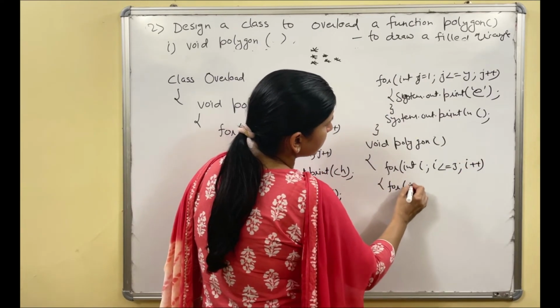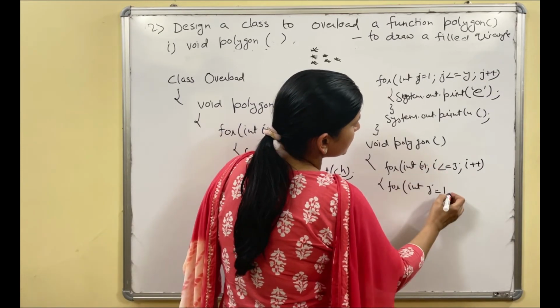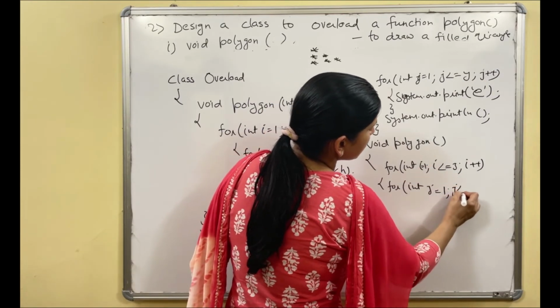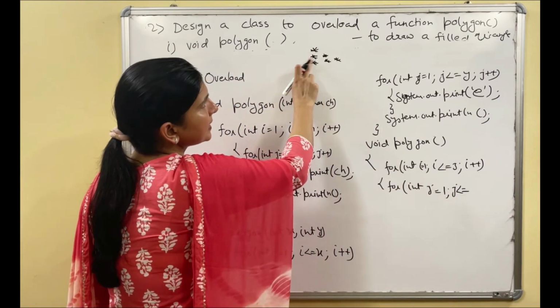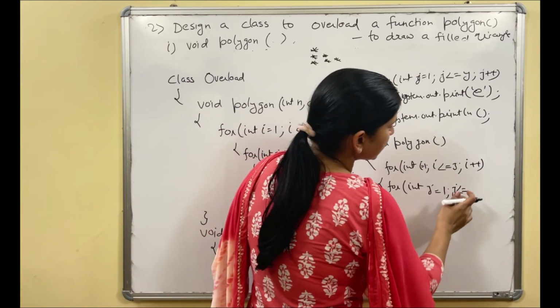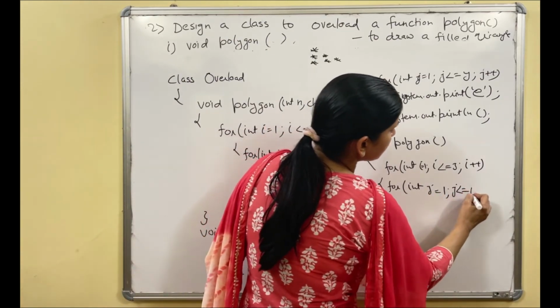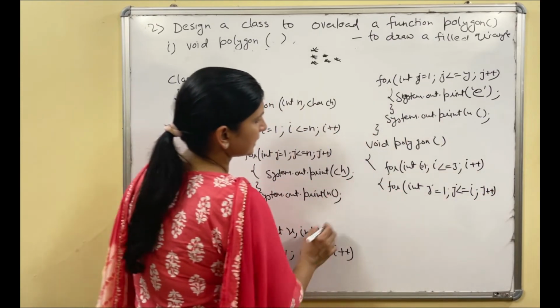Then for int j equals 1, j less than or equal to... when i is 1, j should be 1, when i is 2, j should be 2, when i is 3, j is 3. So up to where will the loop run? j equals 1, j less than or equal to i. j will run as many times as i, okay?